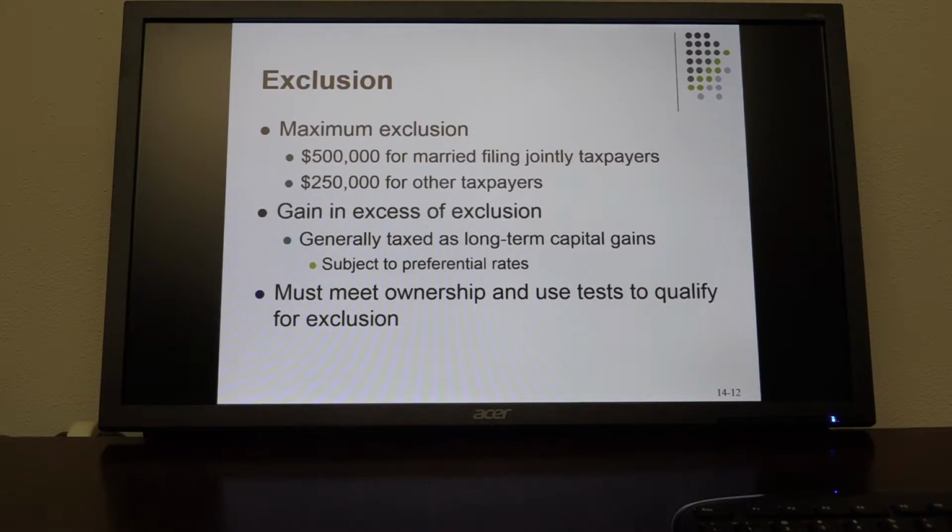Now, in order to qualify for this exclusion, the taxpayer has to meet the ownership test and the use test prior to or at the time of the sale.